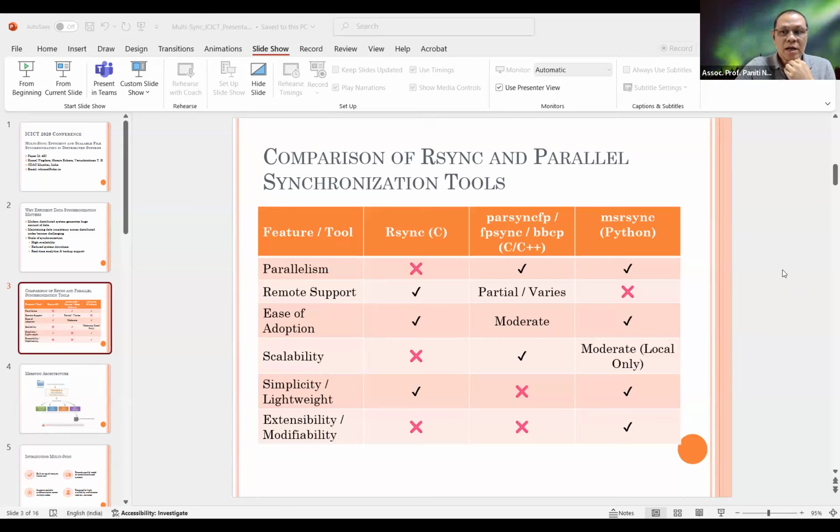And it is not just that. rsync is the most reliable for distributed file synchronization, and it has been used for large scale backup systems. It is used for Linux distributions also, and for data centers as well.